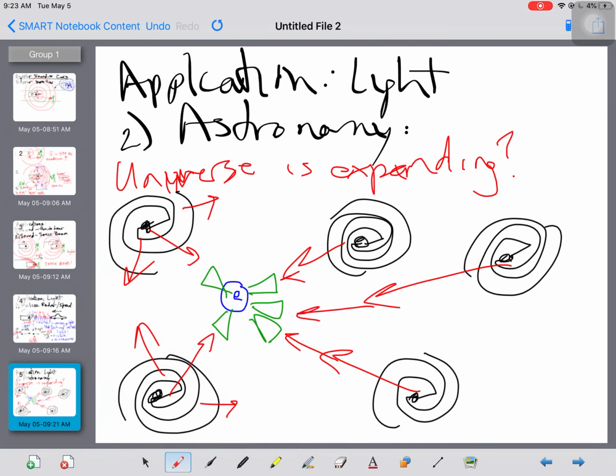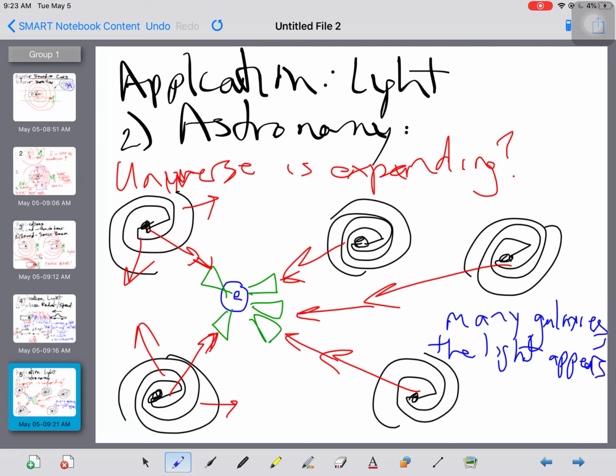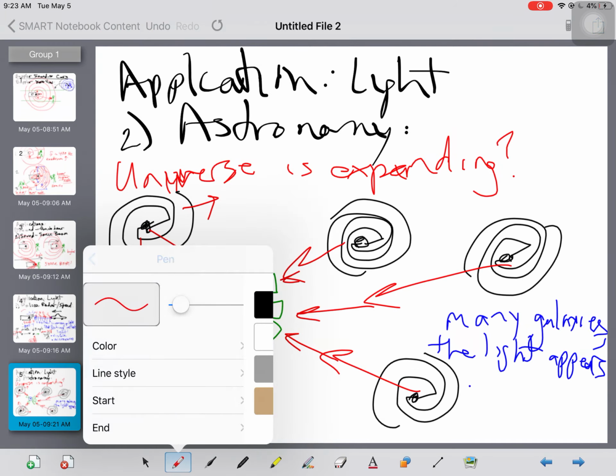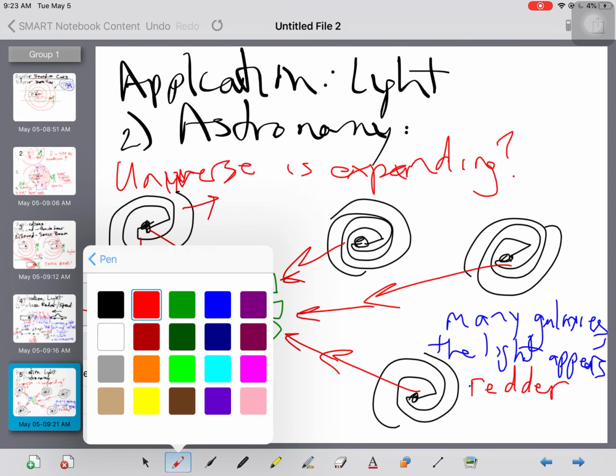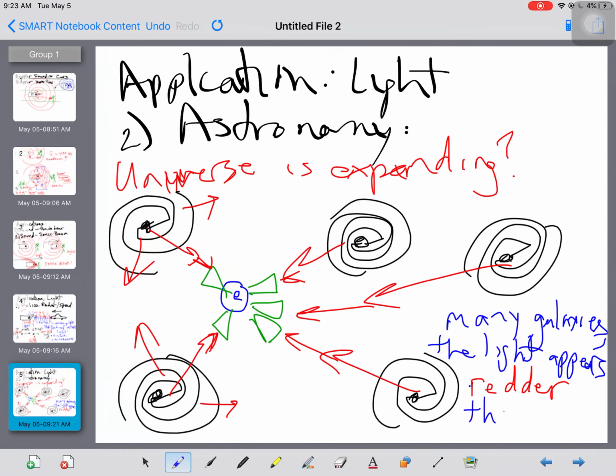It's a little fancier than what I'm going to show you here right now, but basically when you look at that light, what you notice is that for many galaxies, the light appears redder, more red than expected.